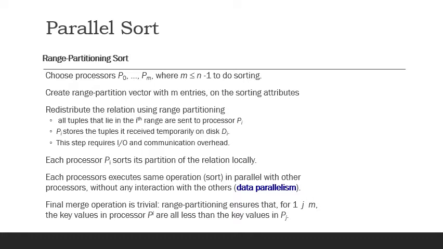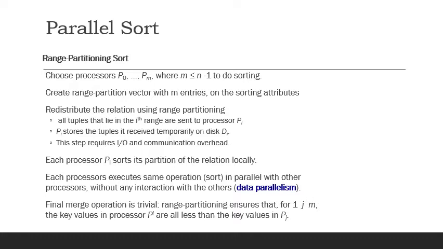When we sort by range partitioning the relation, it is not necessary to range partition the relation on the same set of processes or disks as those on which the relation is stored. Suppose that we choose processes P0, P1, etc. to Pm, where m is less than n, to sort the relation. There are two steps involved in this operation.